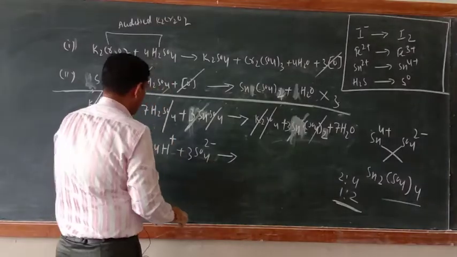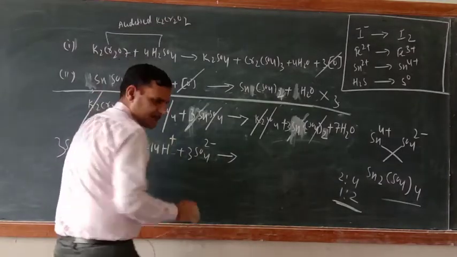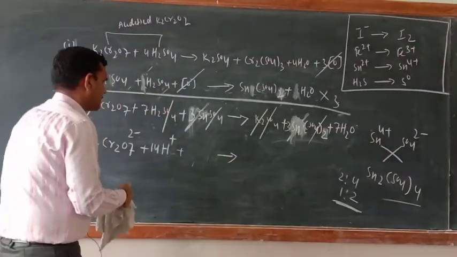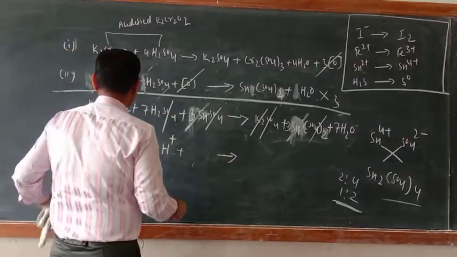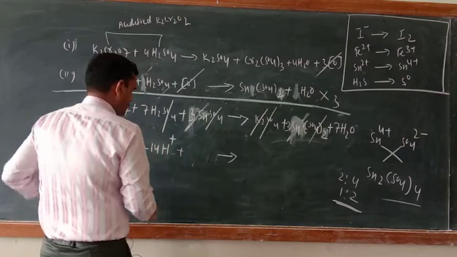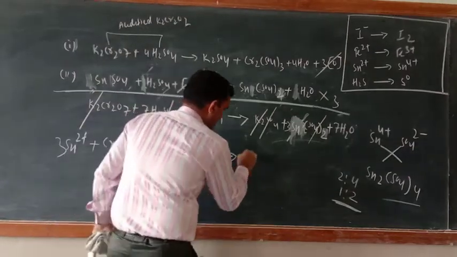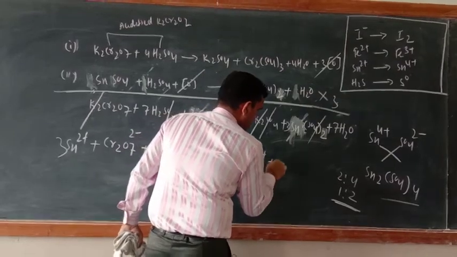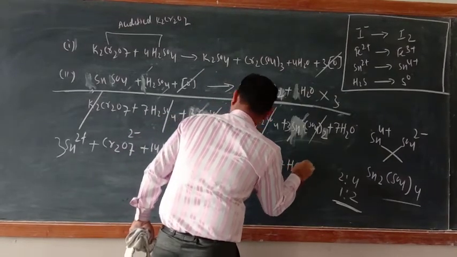Now here sulfate is cancelled out. This sulfate will not be here. Now as such it would be. Now plus 3 Sn2 positive. Yes. Now balance this one. 3 Sn4 positive plus 7 H2O.